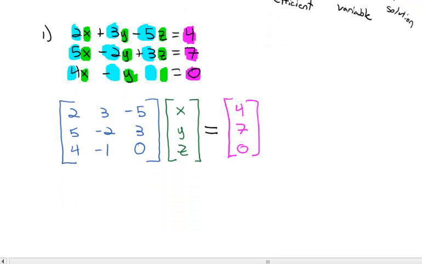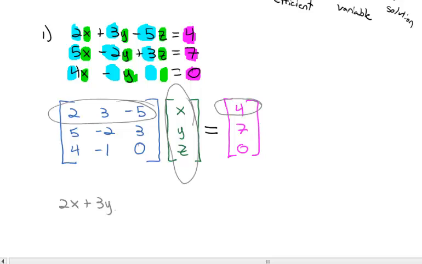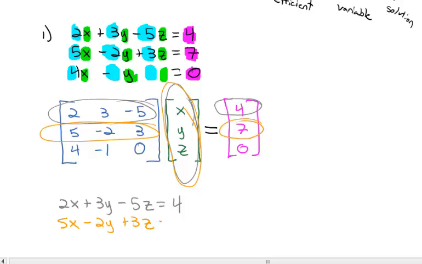And again, the reason this works is if we were to actually multiply out these matrices, if I multiply the first row times the first column, it's going to give us the first row, first column location. Notice that would be 2x plus 3y minus 5z equals 4. That's that first equation. If I multiplied, again, second row, first column, it'll give me the second row, first column. 5x minus 2y plus 3z equals 7.